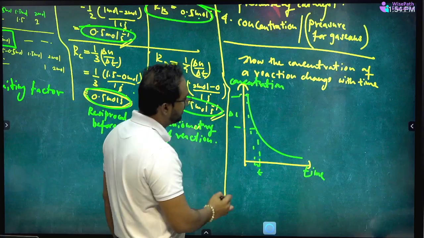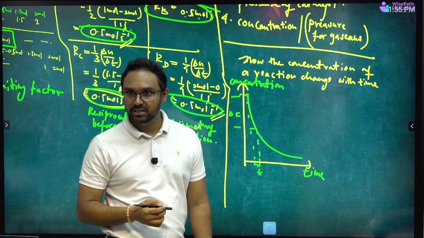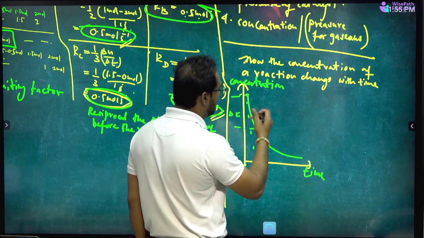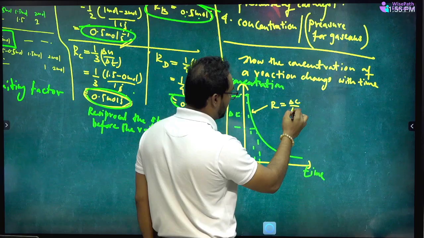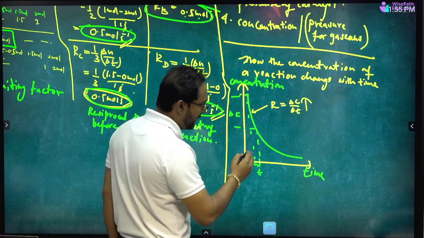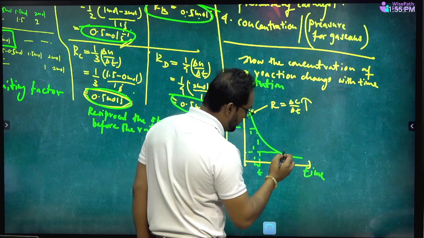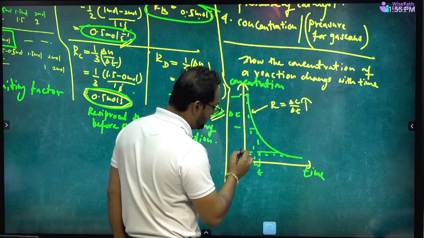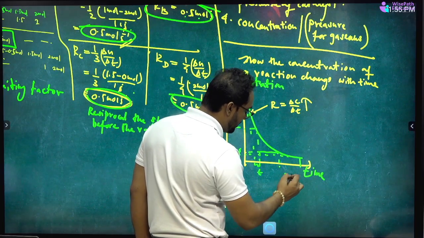In a very short period of time, a huge concentration is changed, which means at the beginning here, R is really high, right? But at the very end of it, there's only a very small concentration difference, but the time is really high.